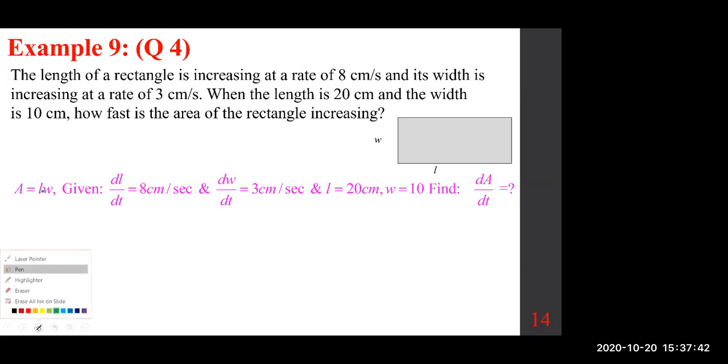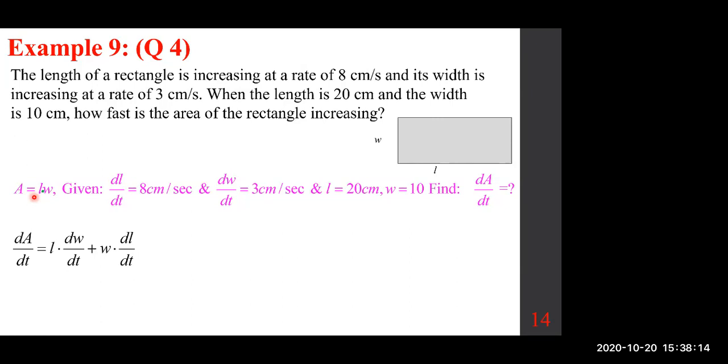Therefore, the derivative of L is dL/dt times W, and the derivative of W is dW/dt times L. In any order you want to put that, it's fine, everybody. So L dW/dt plus W dL/dt, put it in any order and that's fine.